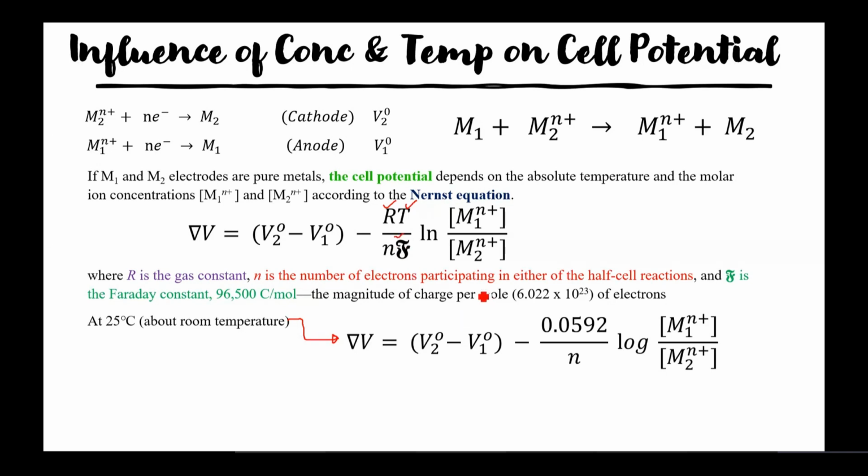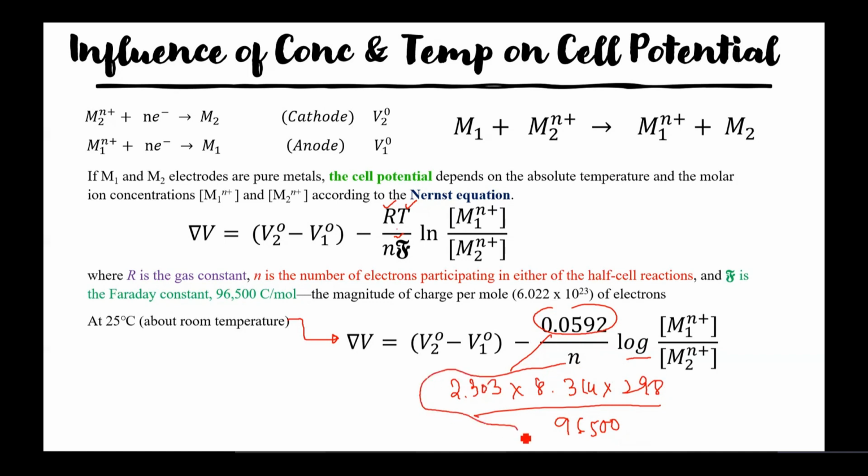So if you are expressing in terms of log, you have this 0.0592, which comes from 2.303 into 8.314 multiplied by 298 divided by 96500. This becomes a constant, which is being replaced by 0.0592, and n is the number of electrons, and you have expressed the equation in the log form. All right, the generic equation is clear to you guys?